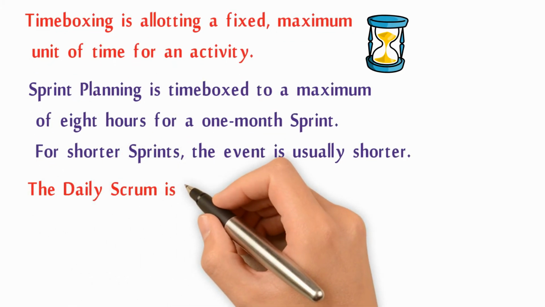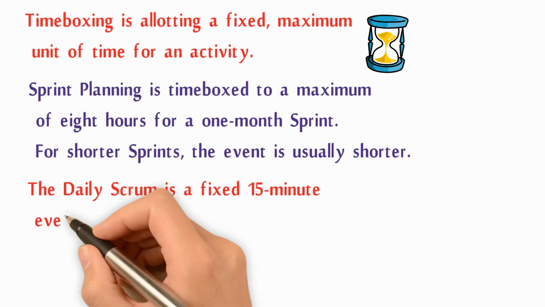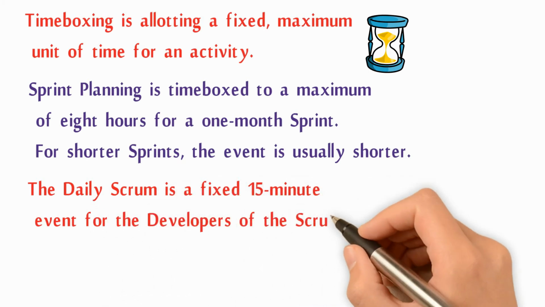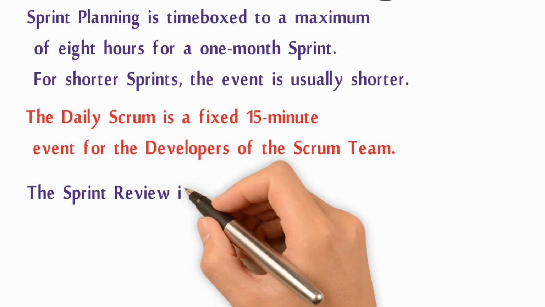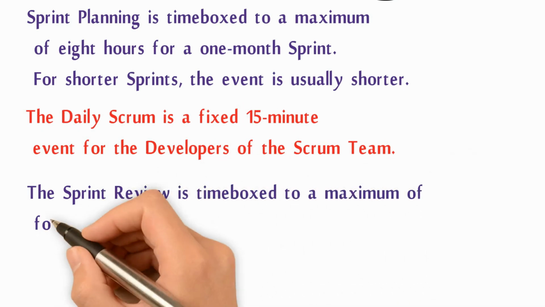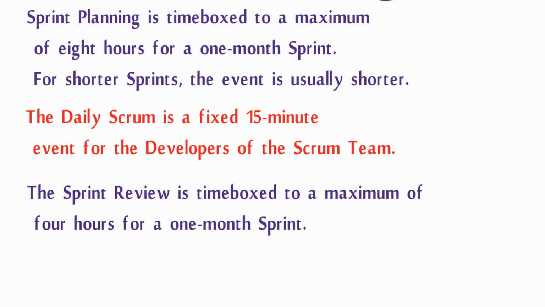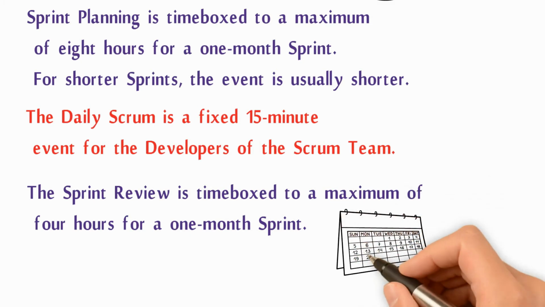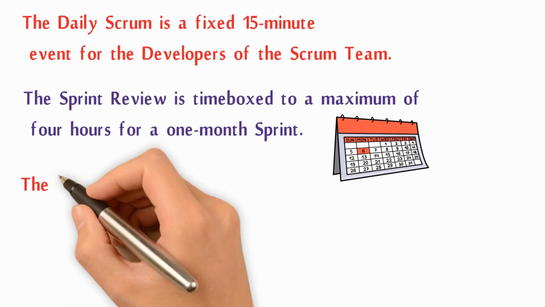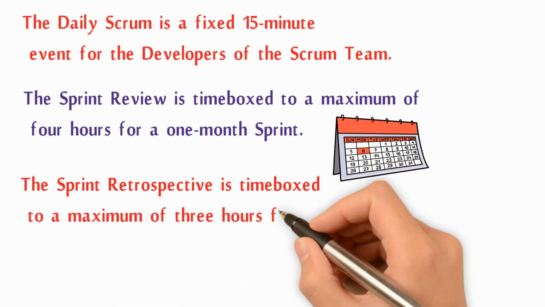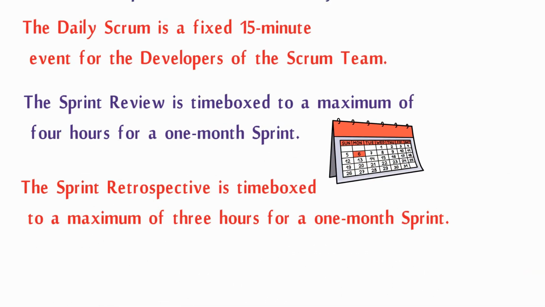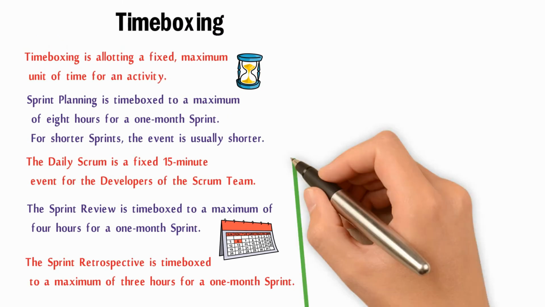The daily Scrum is a fixed 15 minutes event for the developers of the Scrum team. The sprint review is time boxed to a maximum of 4 hours for a 1 month sprint. The sprint retrospective is time boxed to a maximum of 3 hours for a 1 month sprint.